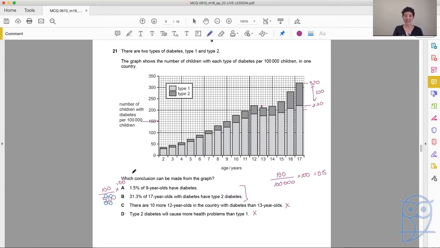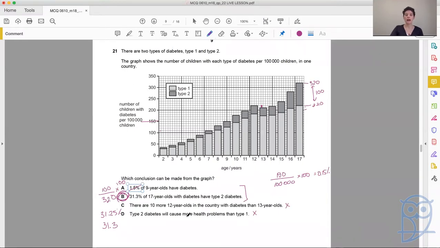So let's try 100 divided by 320 times 100. That's going to give us 31.25%. So 0.15%, we don't have 1.5%, that's wrong. 31.25 rounds to 31.3. So 31.3% of 17-year-olds with diabetes have type 2 diabetes.